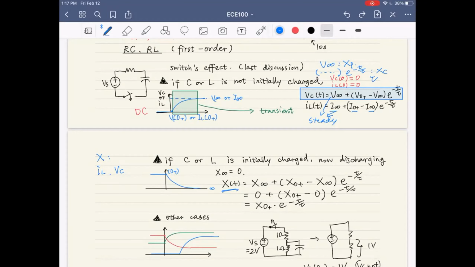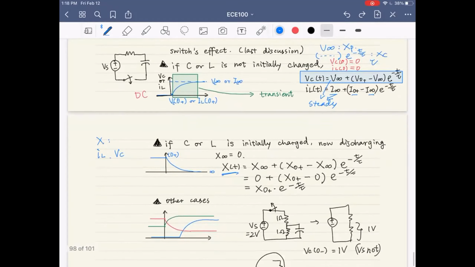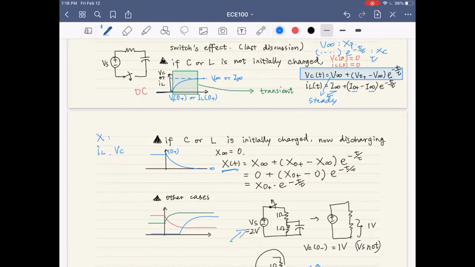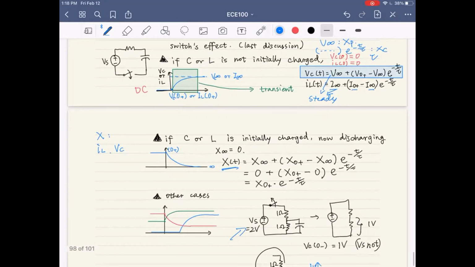Actually, it is applicable to many kinds of circuits, no matter whether they are in parallel or in series. Whether it is parallel or in series determines how you get the infinity voltage and the 0 plus voltage. The layout of the circuit, as I showed before, decides how you get these two values.